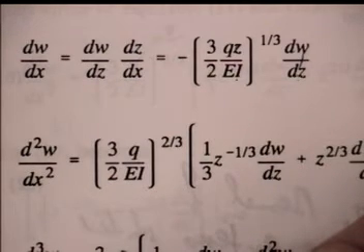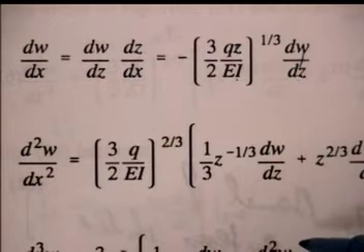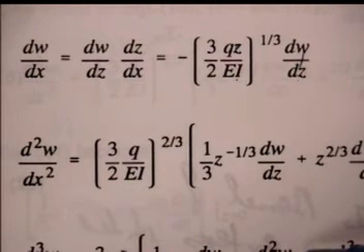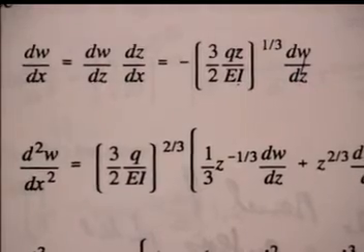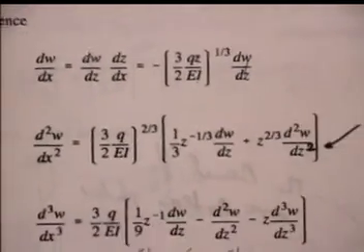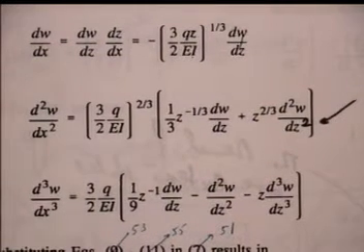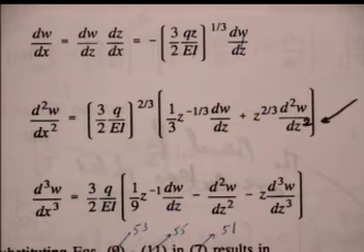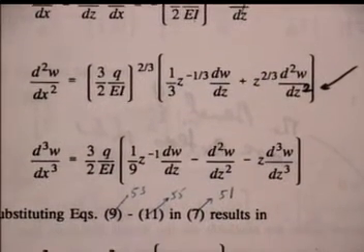Then we get dw dz plus, now we have d2w dz square. Then we have the third derivative.